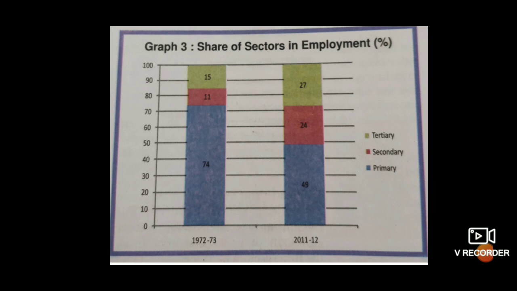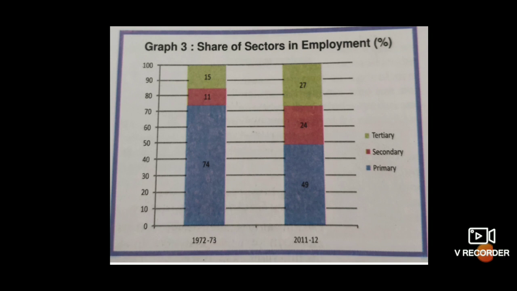Those people are producing goods 9 times, but employment is only 3 times. This is the reason: enough jobs are not created in the secondary and tertiary sectors, whereas in the agricultural sector, the number of working people is more.